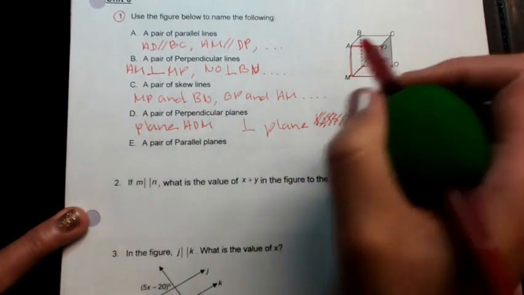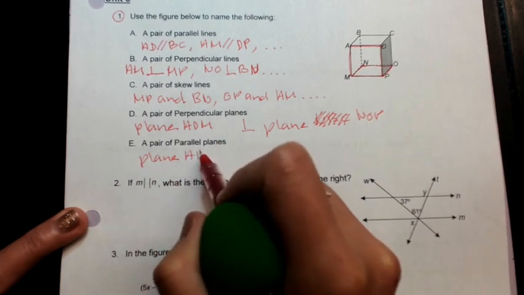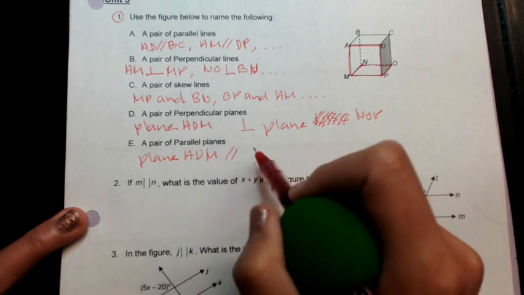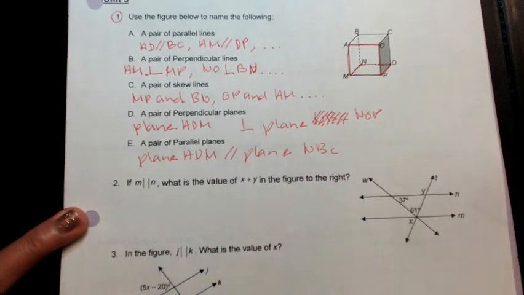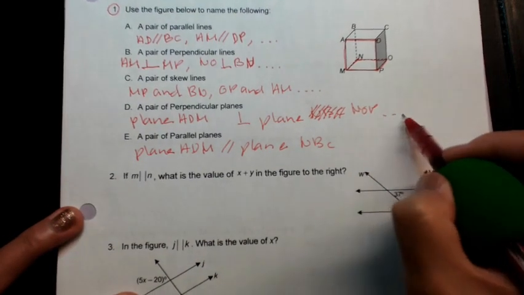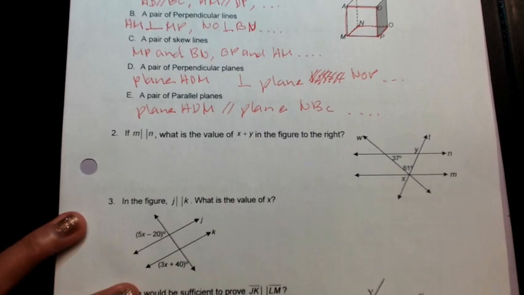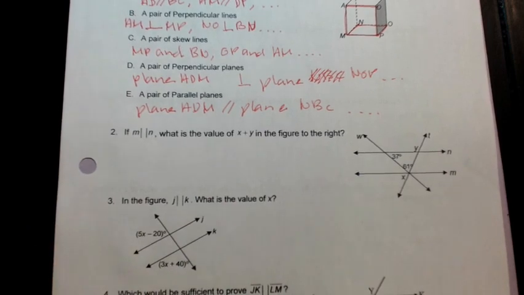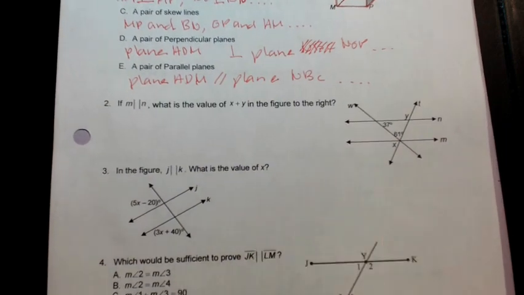So let's actually write out what we did previously for the parallel. Plane ADM is parallel to plane NBC. And again, there's multiples. Is that NOP or NOP? So again, there are multiples, right?